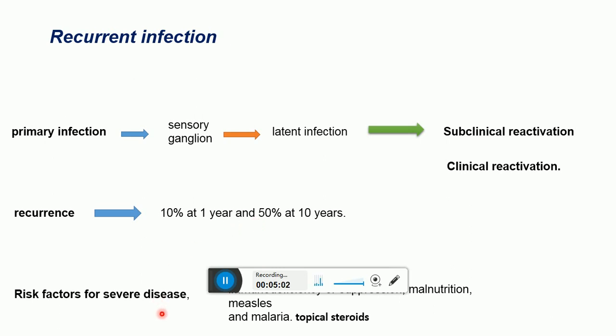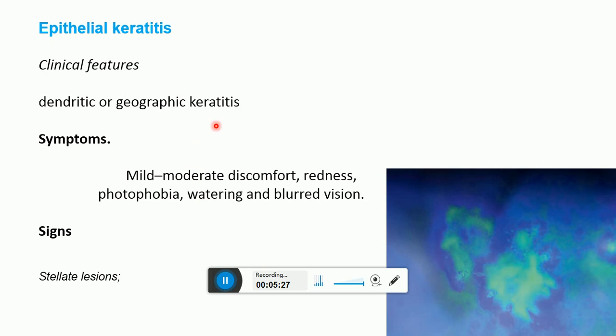Risk factors for severe, frequently recurrent disease include atopic eye disease, childhood, immunodeficiency or suppression, malnutrition, measles, malaria, and inappropriate use of topical steroids. It may enhance the development of geographical ulcer, which we will discuss. So, herpes simplex is the commonest infectious cause of corneal disease in developed countries.